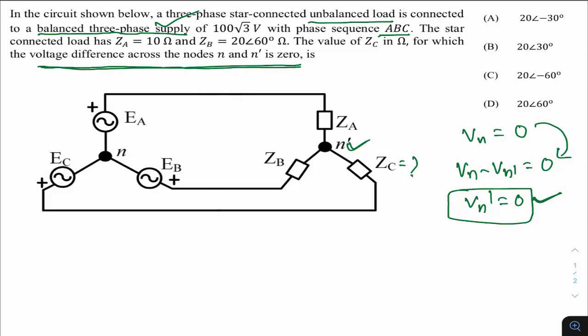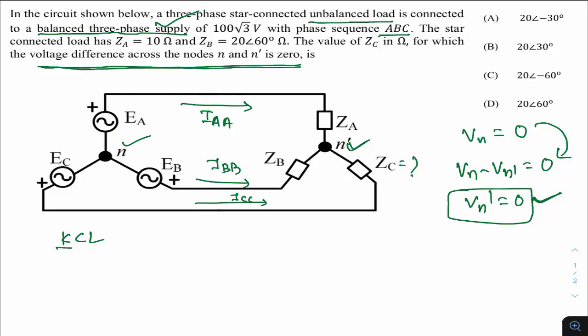Now it is a very simple problem. Let me name this current IAA, this current IBB, and this current ICC. Now if I write the KCL equations either at N or N dash, no problem.